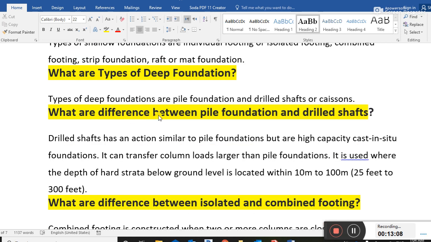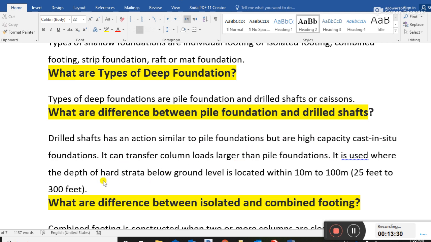What is the difference between the pile foundation and drilled shaft? A drilled shaft has an action similar to the pile foundation, but is a high capacity cast in situ foundation. It can transfer column load larger than pile foundation.